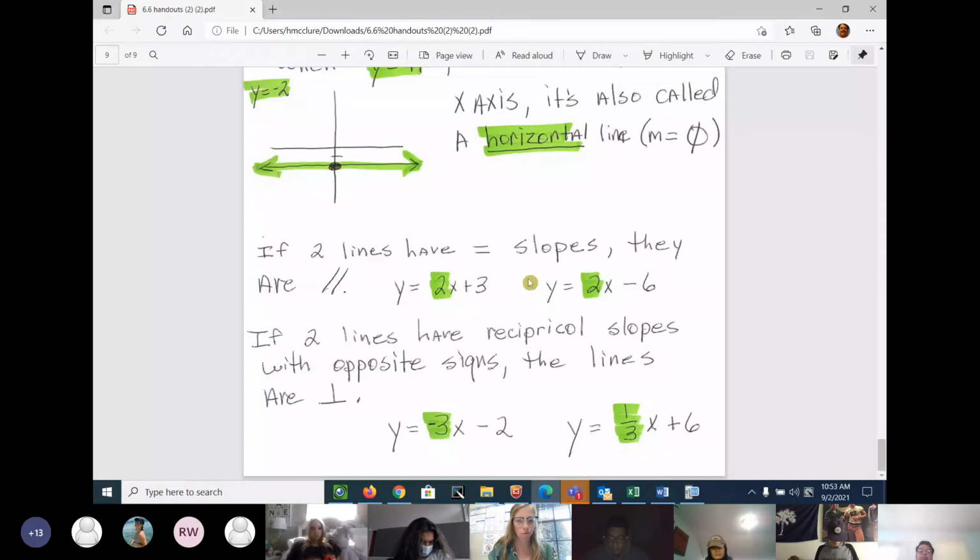What are the slopes? I'm waiting for somebody to say equal. They're equal. Thank you. So therefore, the slope for this line is going to be equal to -1/2.